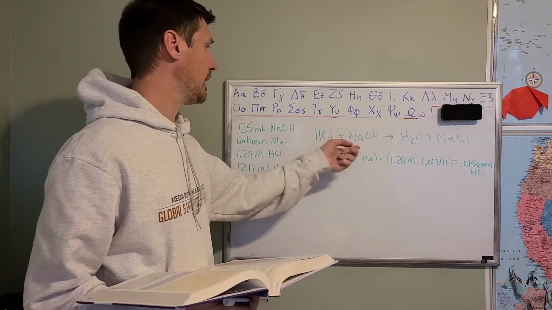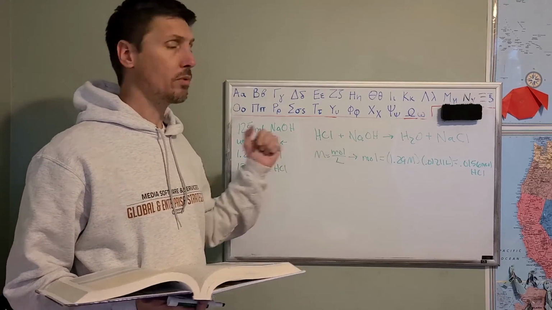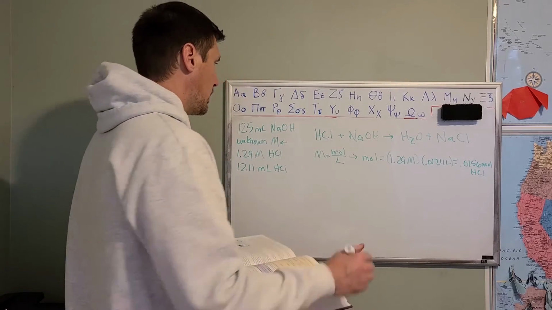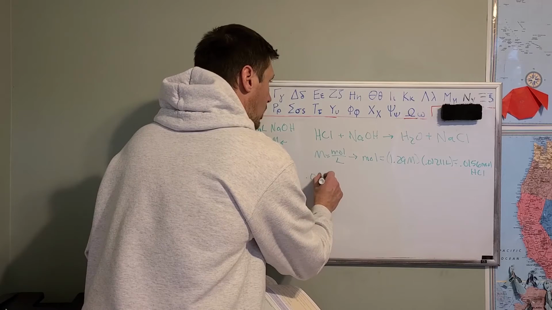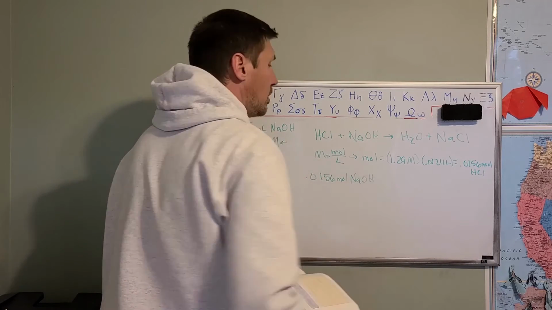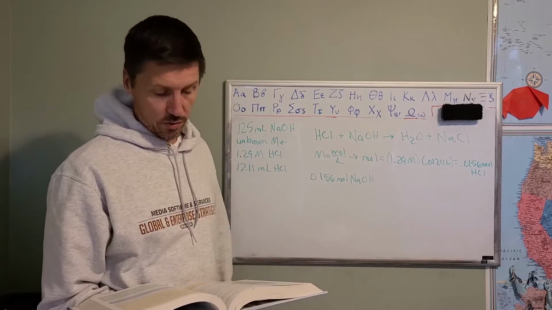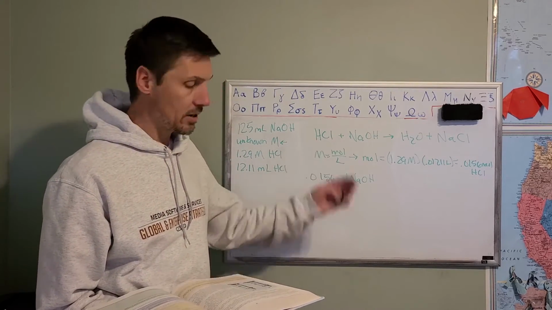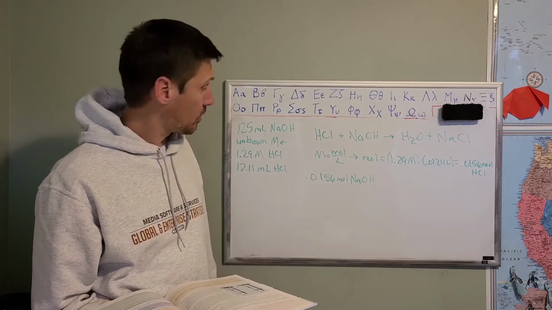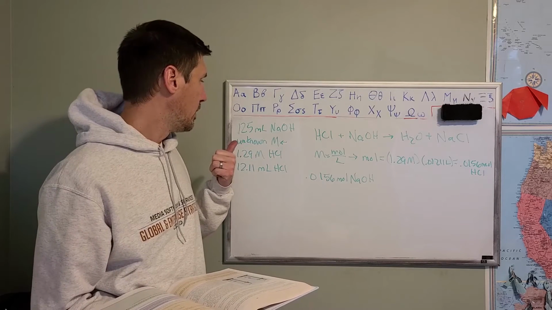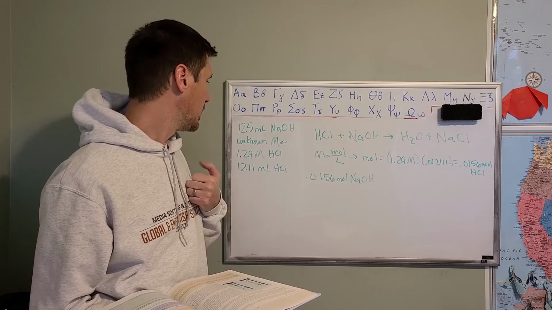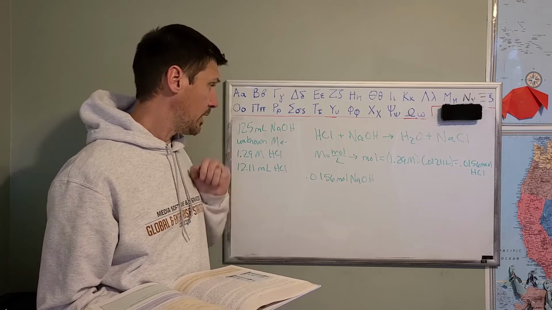Now, how many moles then of NaOH is that going to be? This is a 1-to-1 relationship because for every 1 mole of HCl, we have 1 mole of NaOH. And so we know then that we have 0.0156 moles of NaOH also when the solution is neutralized, right? When the combination of this acid and base becomes neutral, has a pH of 7. And so the question though is, what's the molarity of the NaOH if we have 125 milliliters of NaOH?